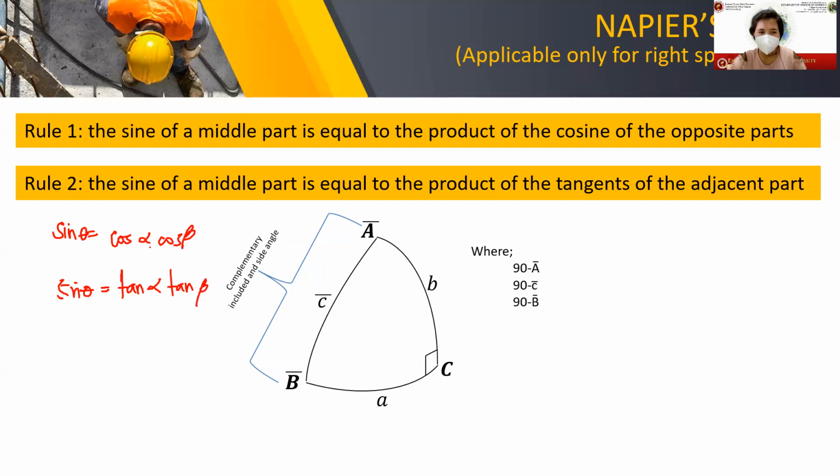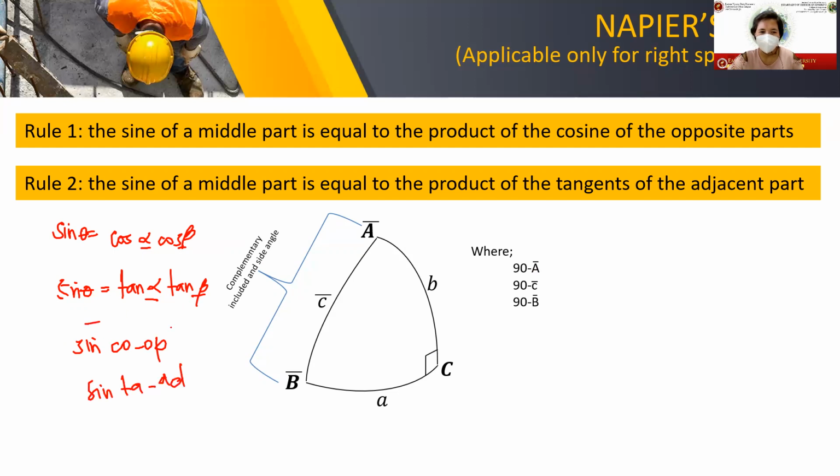As long as alpha and beta are opposite in the first equation, and in the second equation alpha and beta are adjacent. So, so that we don't forget, we call these "sin co-op" and "sin tan-ad".